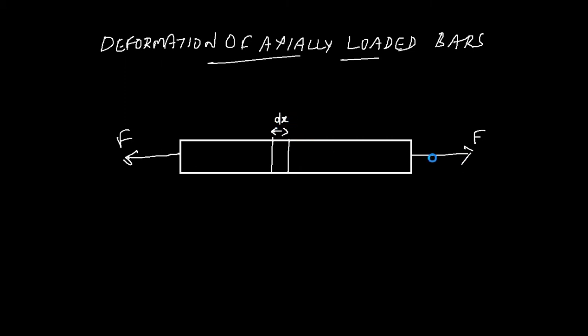And on application of this load, let's say this strip has been deformed like this. So there is a change in length of that strip. Let's call the total change in length du.